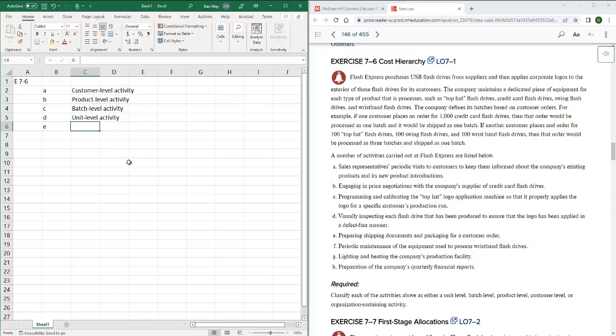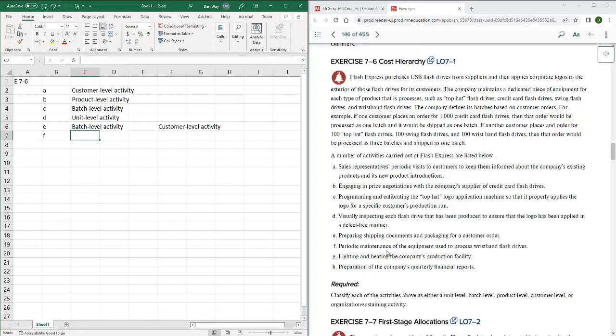So we'll probably consider this a batch level activity. Now you could also make potentially the case that this is a customer level activity, given what we learned in that setup information. So this one, I would suggest there probably is a little gray area there. Either one of these I would consider acceptable. You could convince me either one of those kind of works.